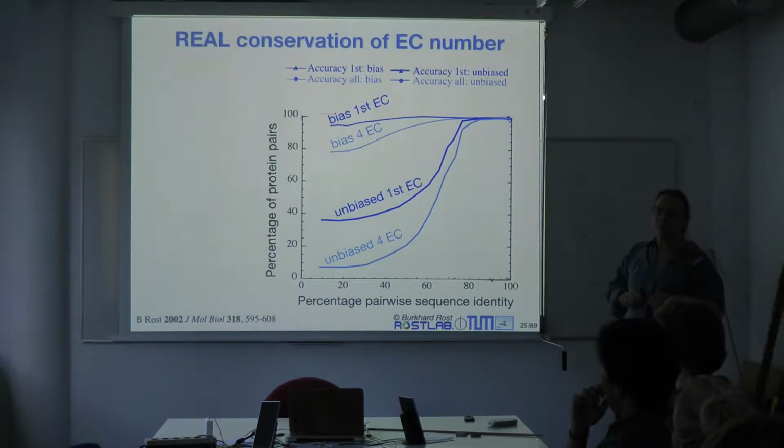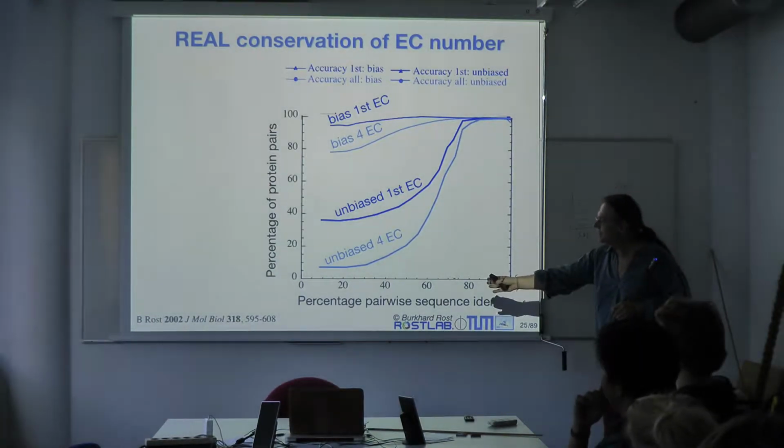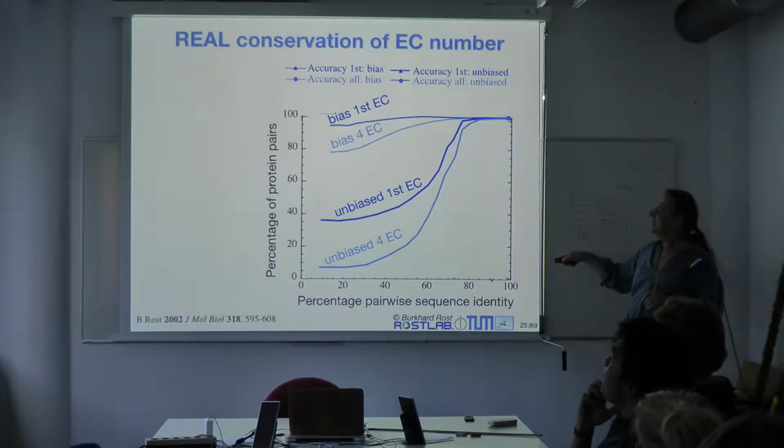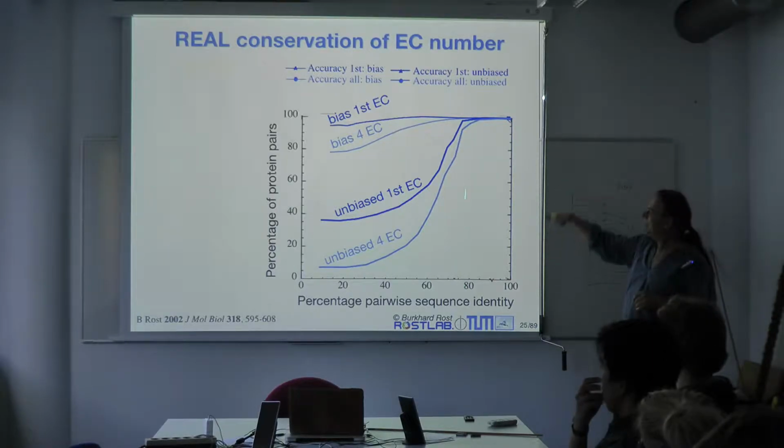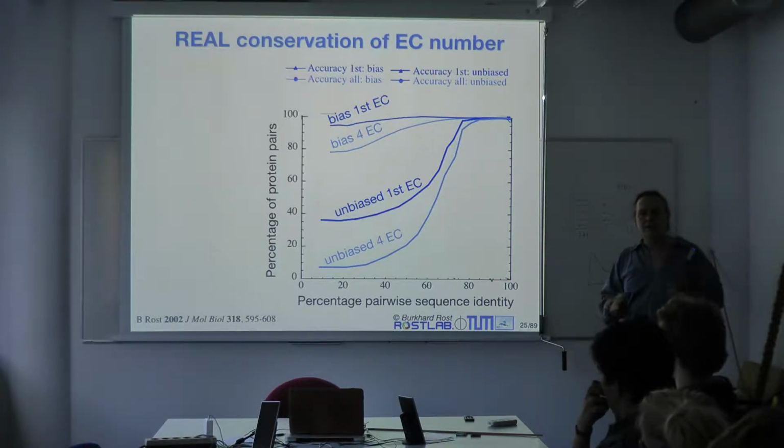And here's the unbiased version. Again, what we plot here is percentage sequence identity, the percentage of protein pairs that have the same EC number. And you see that in the unbiased version, at very, very high levels, 80% and more, there's no difference.